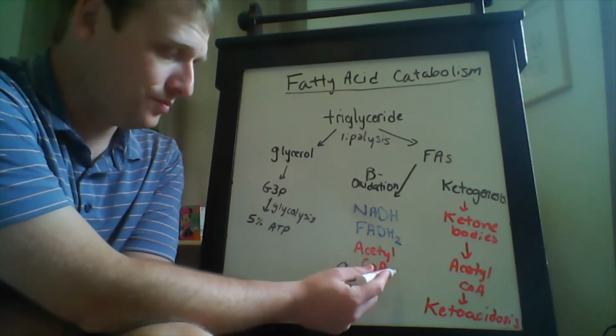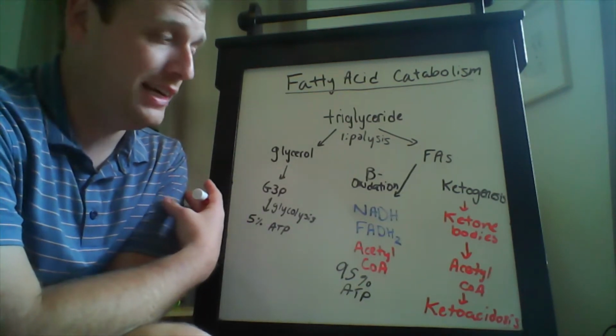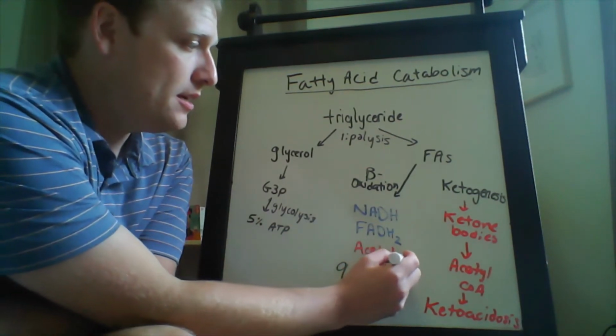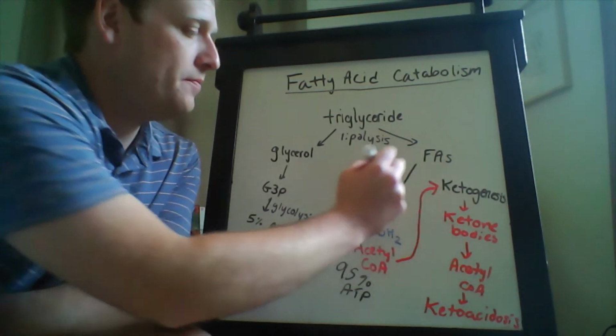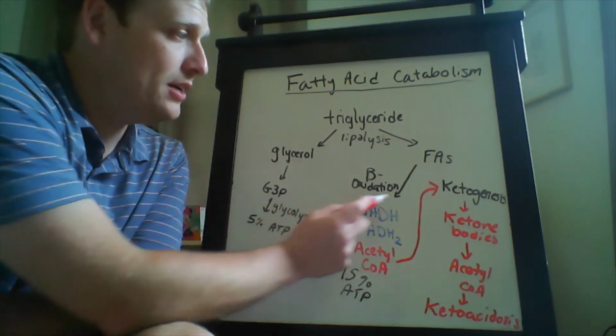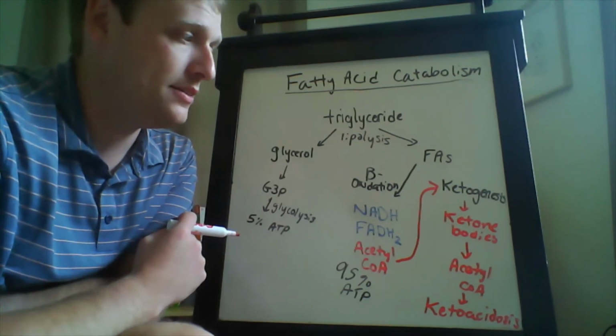Now, acetyl-CoA can't be transported efficiently in the blood, but what can be is a ketone body. So acetyl-CoA in the liver will be converted to ketone bodies through this process of ketogenesis.